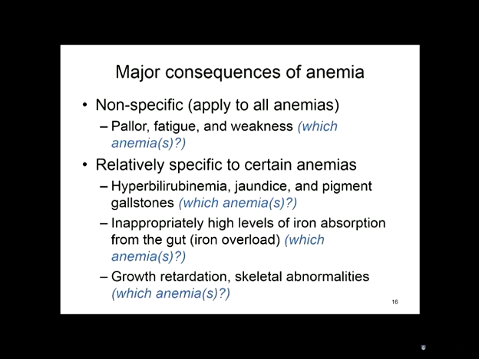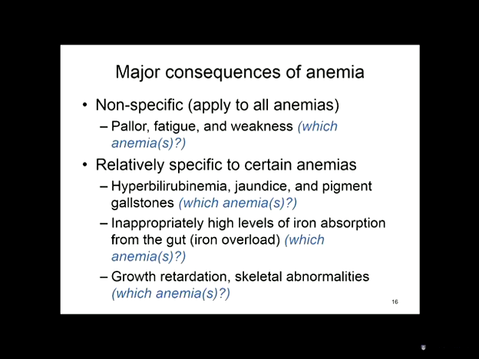And then there are some anemias that people are born with, right? So you know that sickle cell anemia and thalassemia, I'm sure you all have heard of this, are congenital. And it's the congenital anemias that are going to clearly have a prominent effect on growth retardation and skeletal abnormalities.